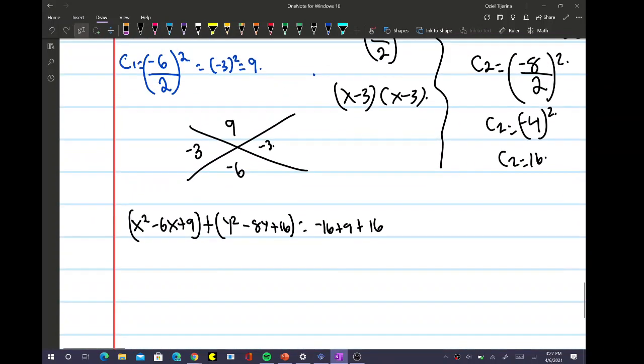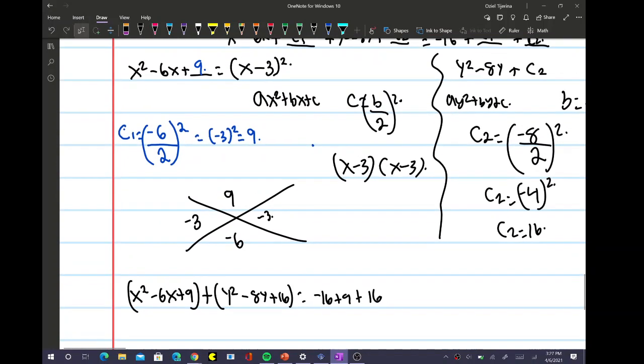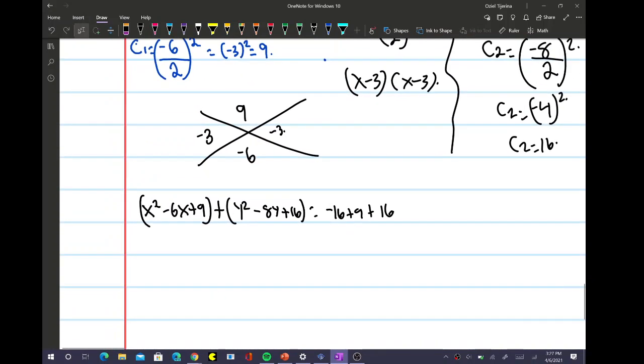And then we also factored them. We said that x squared minus 6x plus 9 is x minus 3 squared.